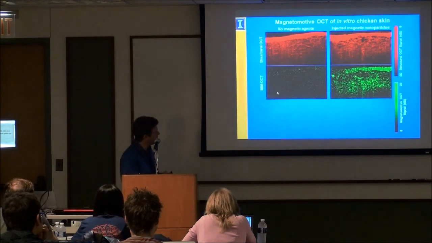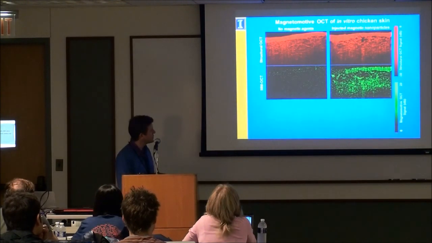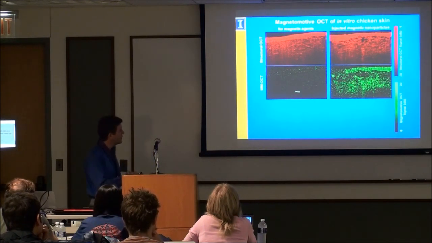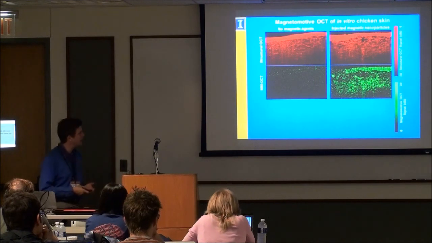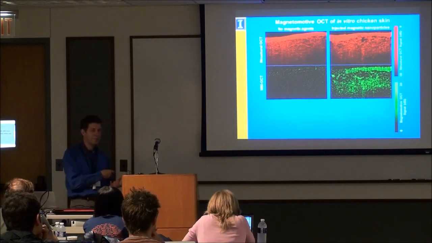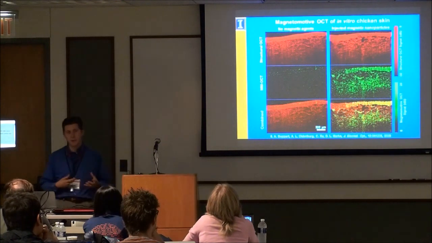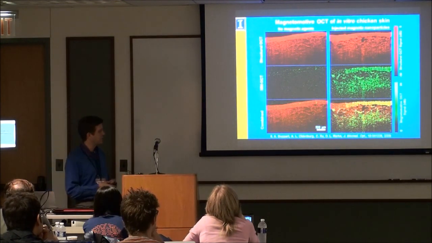If we apply our magnetomotive technique, we see that clearly those particles all light up. There's a little bit of background noise in the non-magnetic case. Is it from blood? Is it from just movement in the sample? But clearly there's a strong signal from the magnetic nanoparticles.